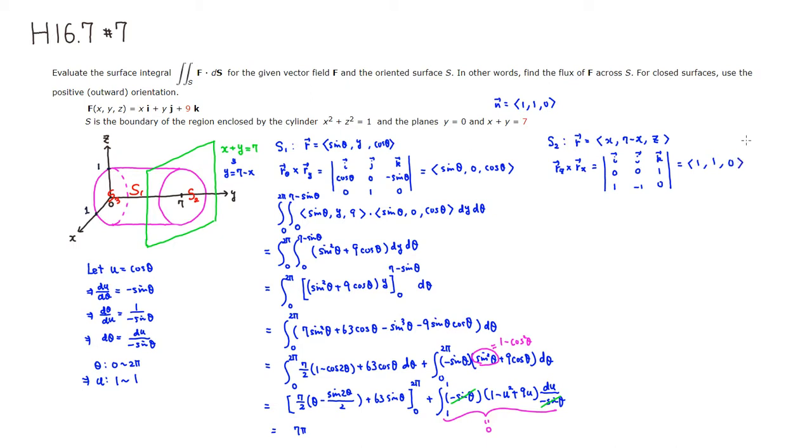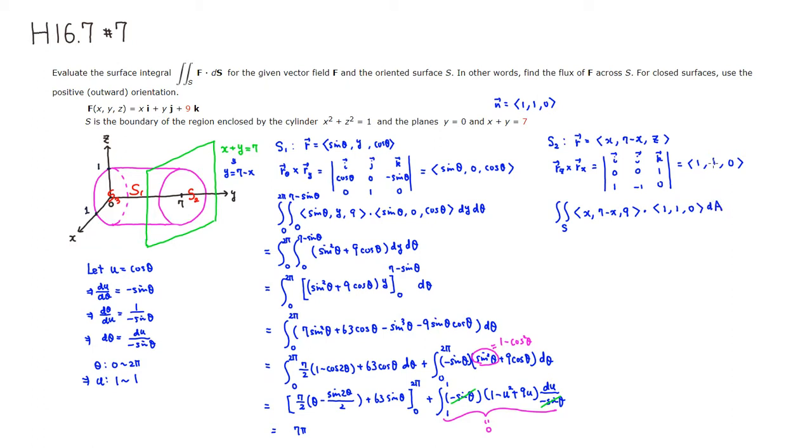So the integral becomes a double integral over S. And the F is going to be x is x, and the y value is 7 minus x, and z is 9, and we're going to take the dot product with 1, 1, 0, and dA.